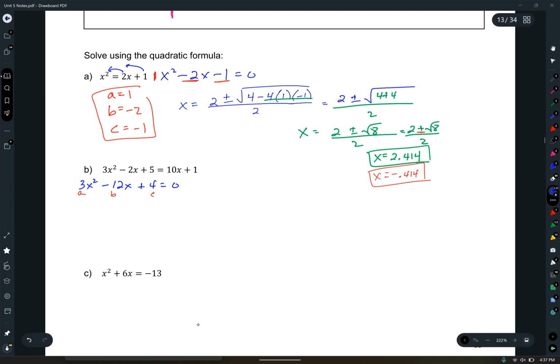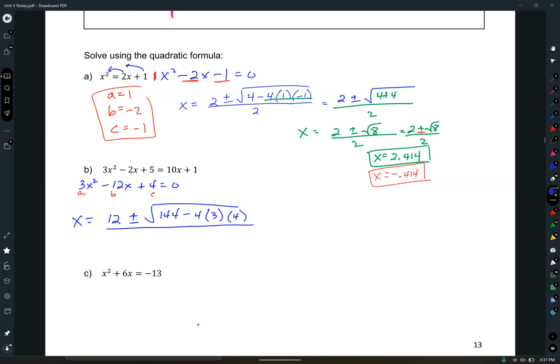So if I set up my equation, x equals the opposite of B, which is positive 12, plus or minus the square root of B squared, which is 144, minus 4 times A times C, all over 2 times A, which would be 6. Okay, so I've got 12 plus or minus, let's do the simplifying inside the square root.